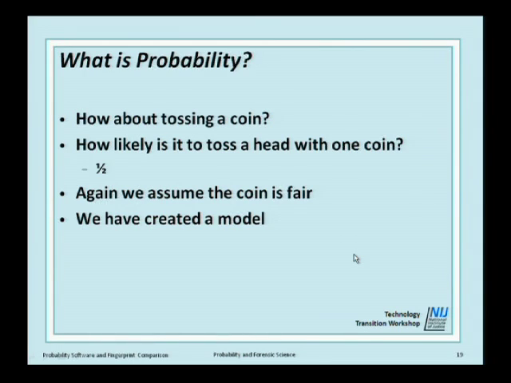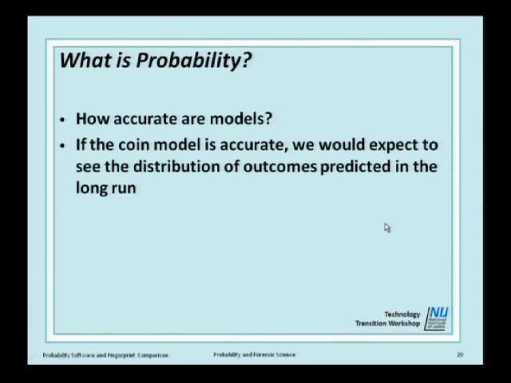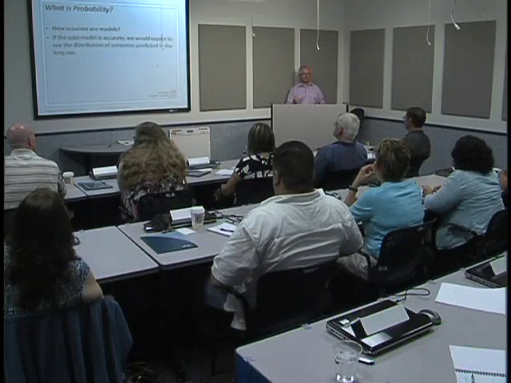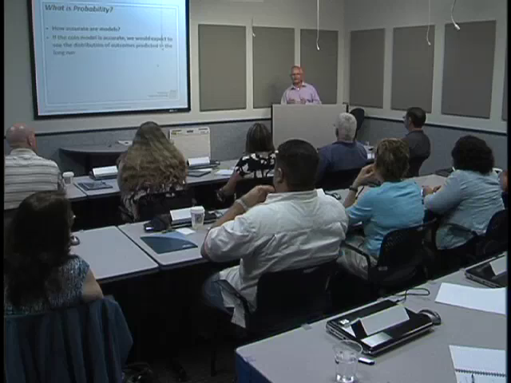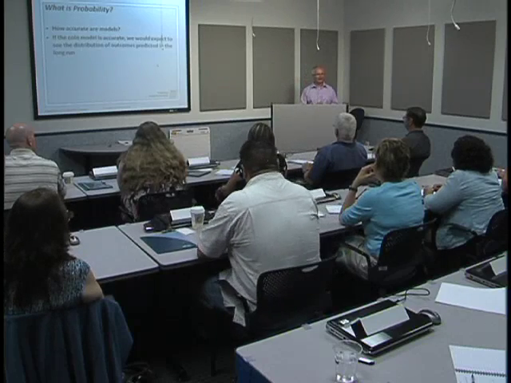Now, the question is, how accurate are models? This is a very, very simple example, and I appreciate it's very simple. It's meant to be very simple. But how accurate is that model for tossing a coin? If I was to pass a coin out to you all now and get you to toss it, what's the likelihood that 50% of you are going to toss tails and 50% of you are going to get heads?